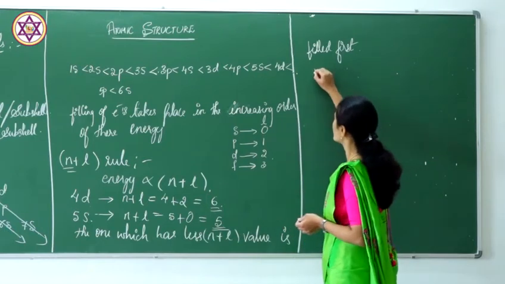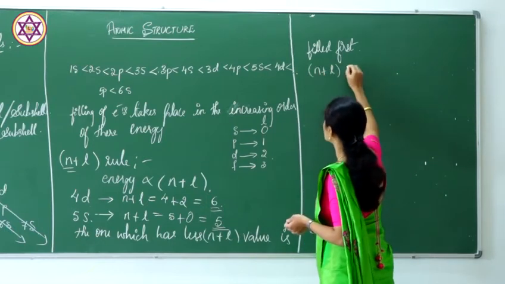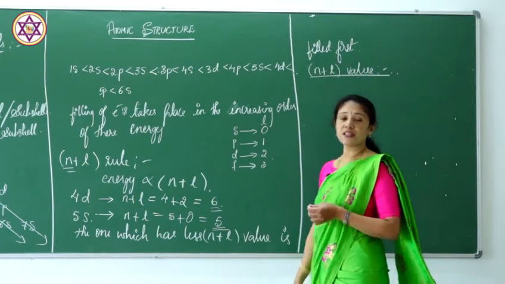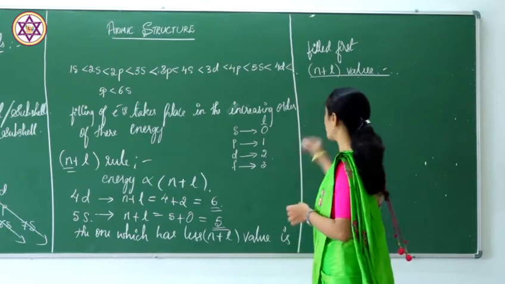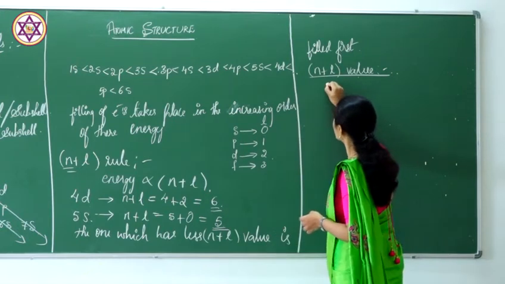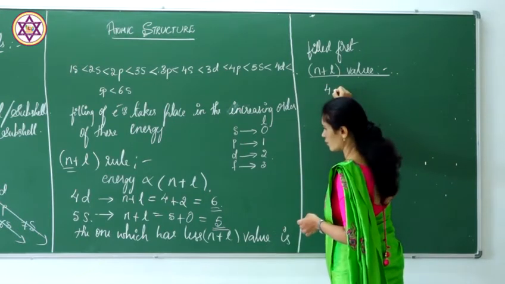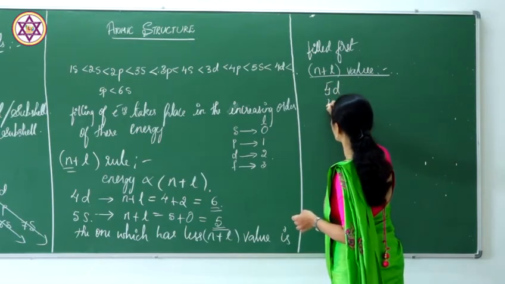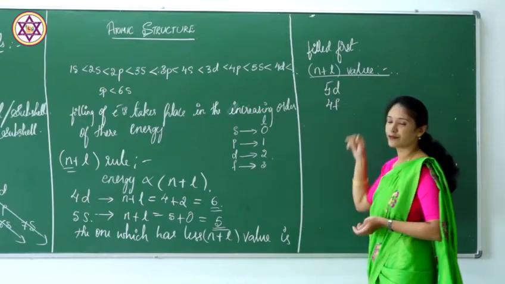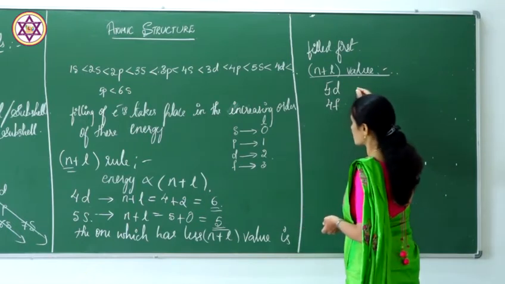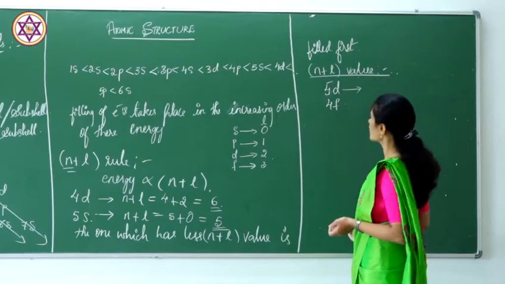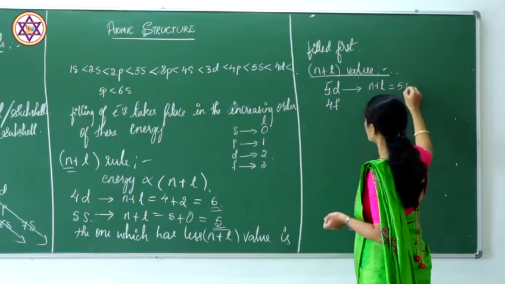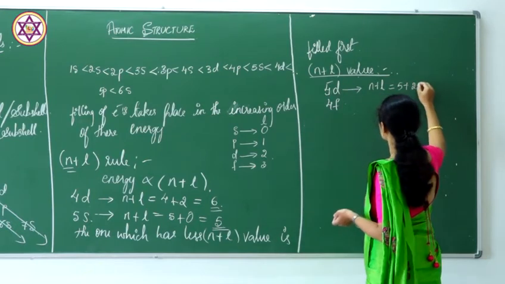What happens if the n plus L value is the same, that is, if they have the same energy? Let me take 5d and 4f here. The n plus L value for 5d: n is 5, and the d value is 2, so 5 plus 2 is 7.